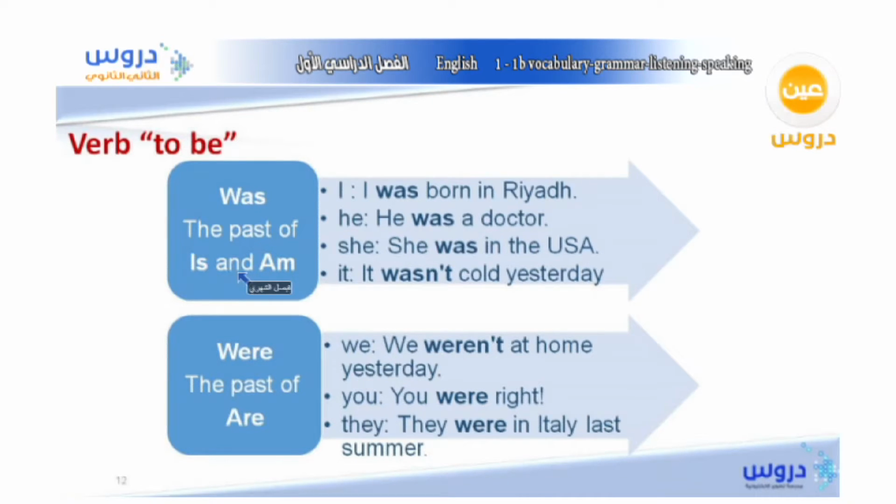Now, because we are focusing on the past tense, here we go with the time expressions, okay? Which help you to say this is the past form, that is the present and this is the future, alright? So, yesterday indicates the past.